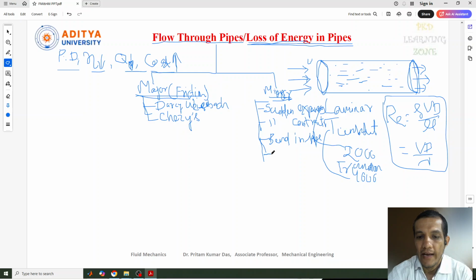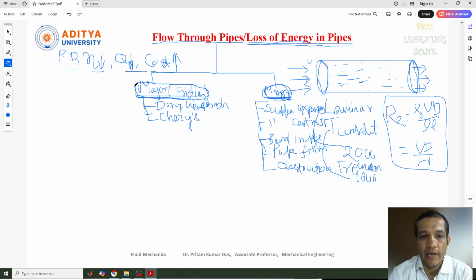Along with that, in the pipe a lot of fittings will be there, and due to these fittings some losses happen. Also, due to any kind of obstruction identified in the pipe when the liquid is flowing through it, there are losses, and all these losses are considered in the minor loss. It is a very small number. But coming to the major loss, which happens due to friction, that gives more impact.